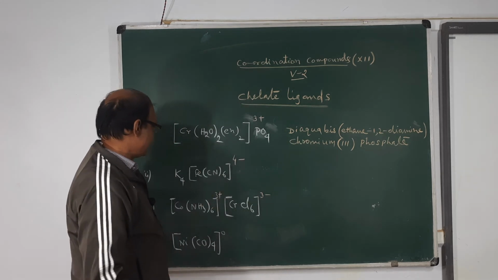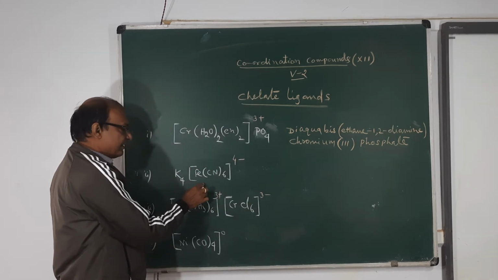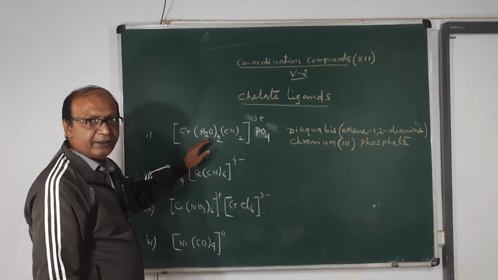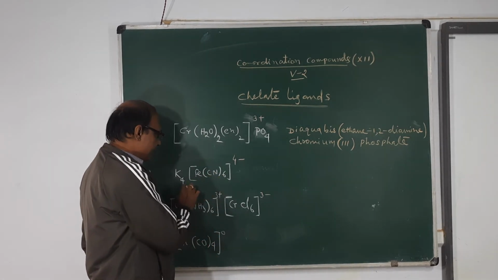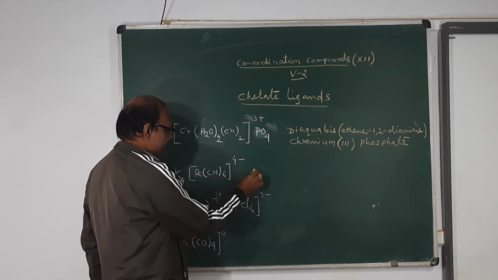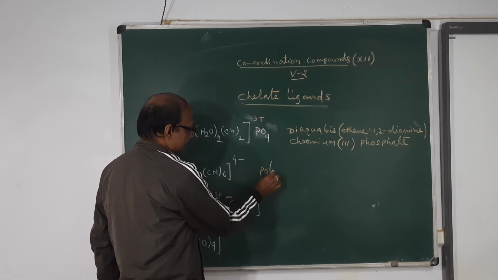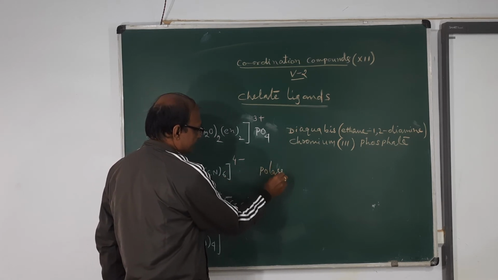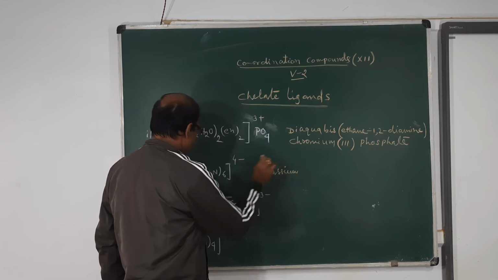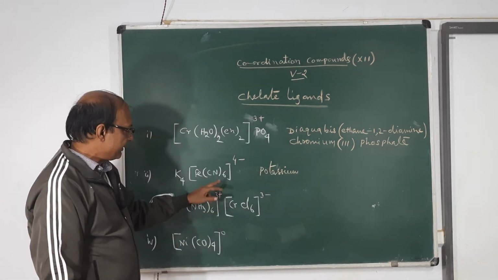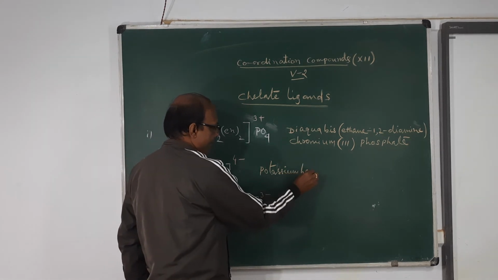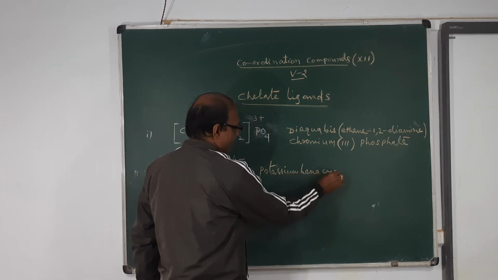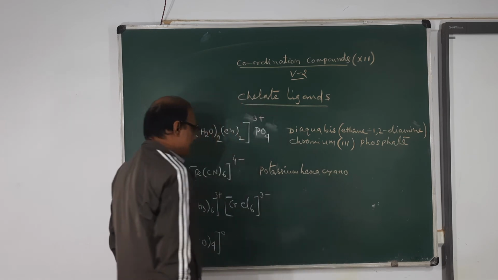Now come to the second, the anionic complex. Anionic complex you will name in this way: potassium, then you write the name of the ligand, hexa-cyano or cyanido.